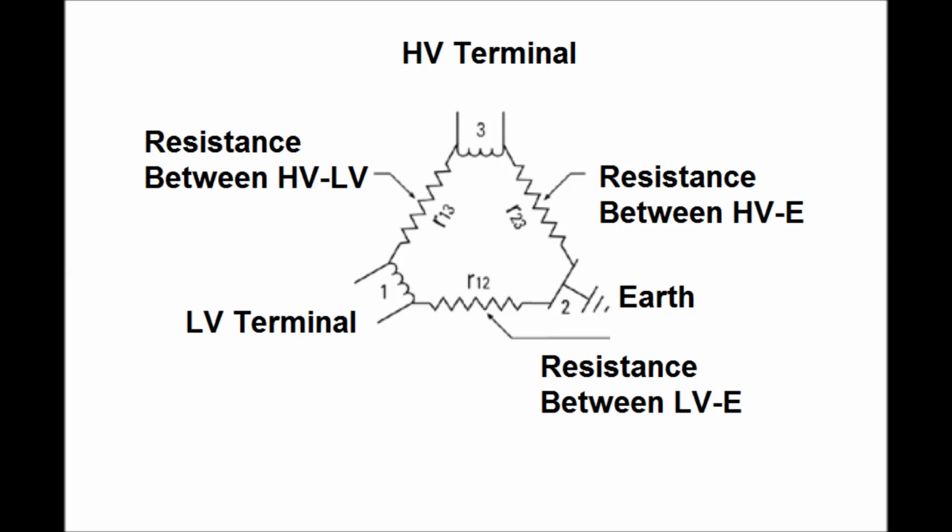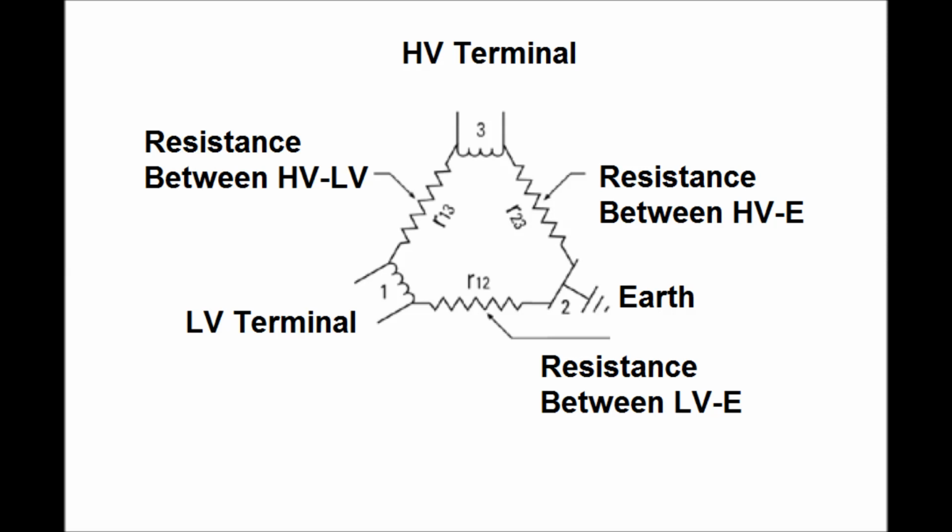So 3 is considered as the high voltage terminal or high voltage winding, and 1 is considered as the low voltage terminal or LV terminal, and 2 is considered as the earth terminal. So insulation exists between HV winding and LV winding, which is considered as R13.